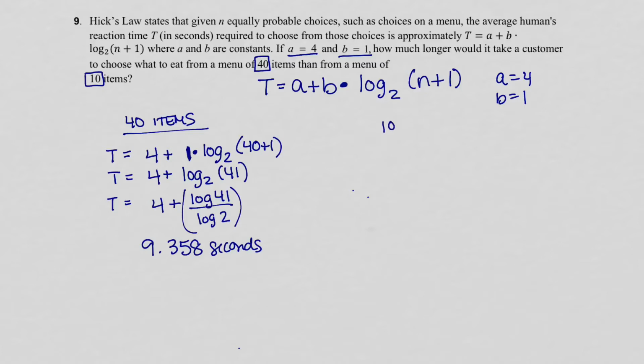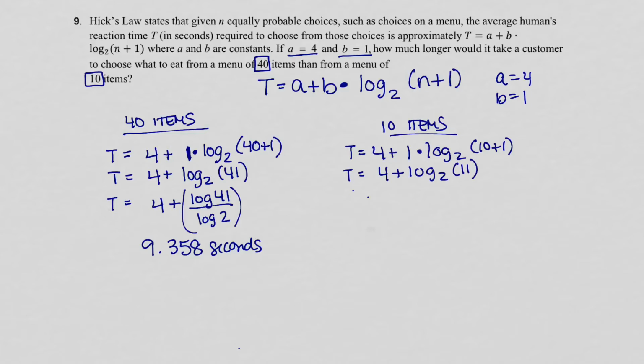And let's see how much longer that is than if I had 10 items to search from. So here I'd have t equals 4 plus 1 times log base 2 of 10 plus 1. Okay. Well, I've still got my t equals 4. 1 times all that stuff is just going to be all that stuff. 10 plus 1 is 11.